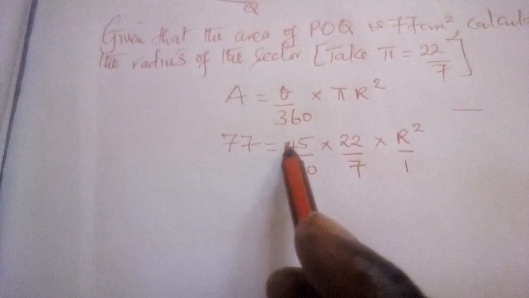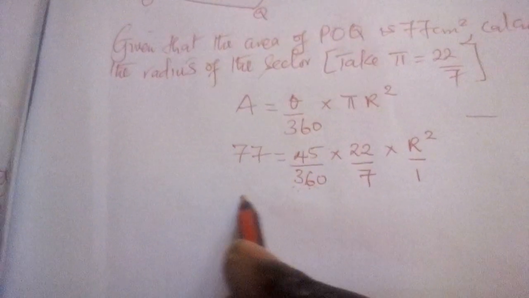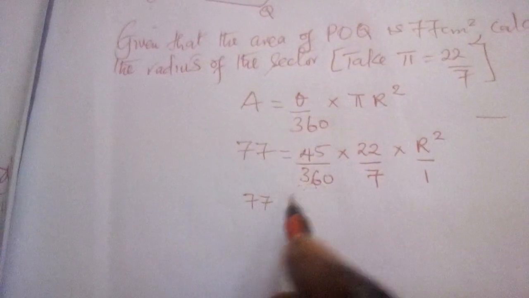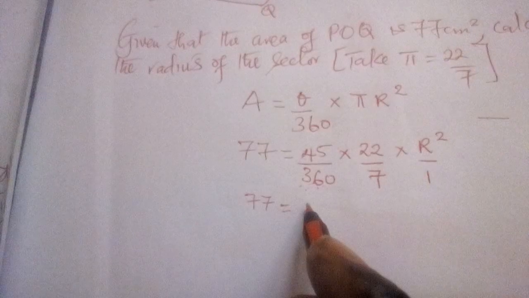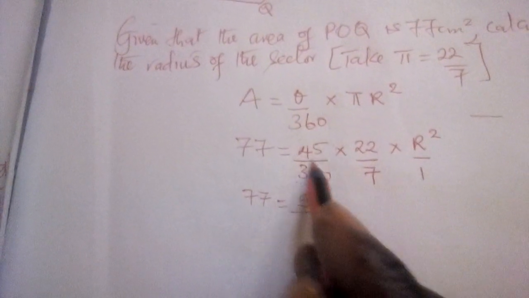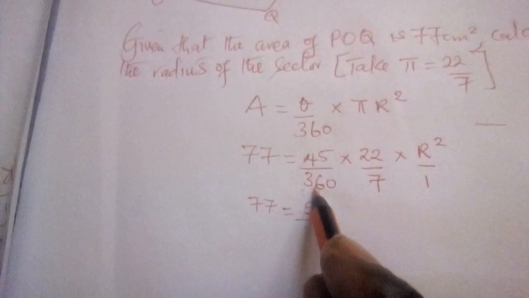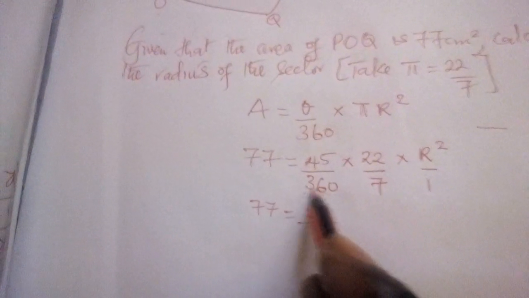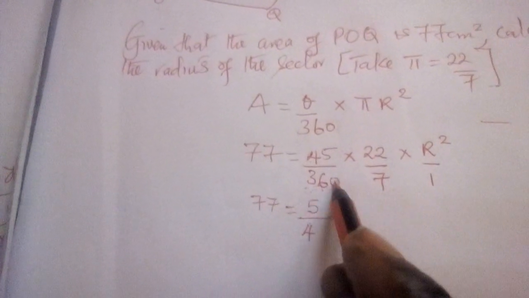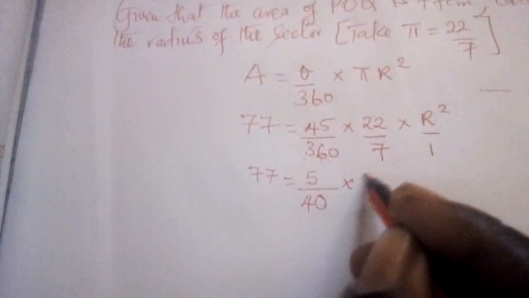Now, we know that 9 in 45 goes in 5 times. Then 9 in 36, 9 times 4 you get 36, which means 9 in 36 goes in 4 times, but there's a 0 there, so it becomes 40.